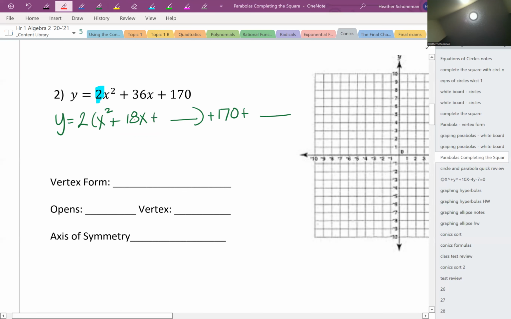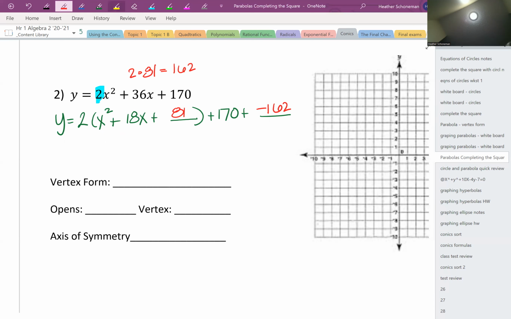Half of 18 is 9. 9 squared is 81. Now, if you remember when we did this earlier, this was really a trick because if it's in parentheses, it looks like we added 81, but we didn't. We really added 2 times 81, which is 162. So we added 162 to the left. So to balance out, I have to subtract 162, or negative 162, on the right.